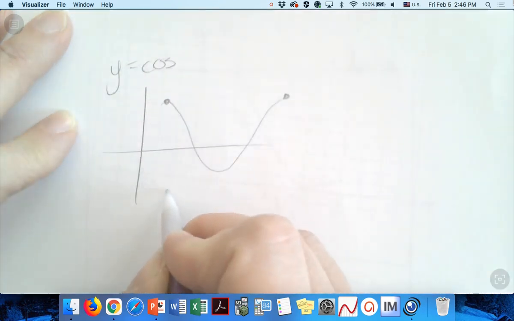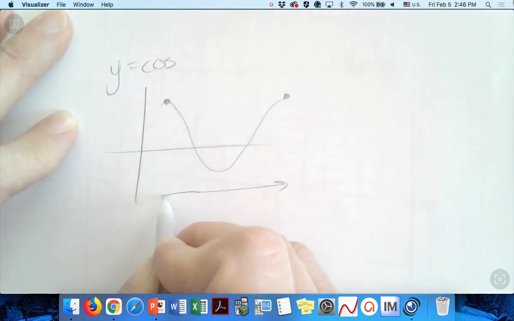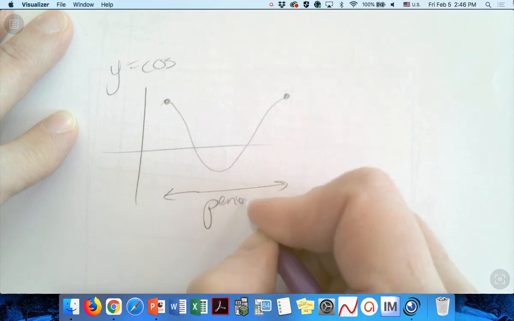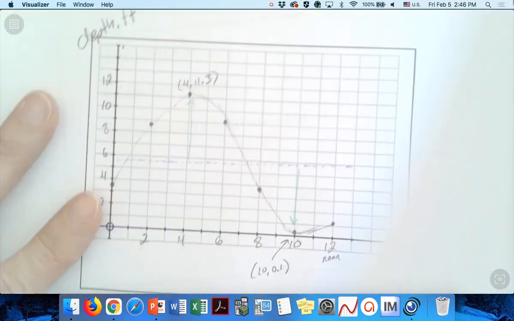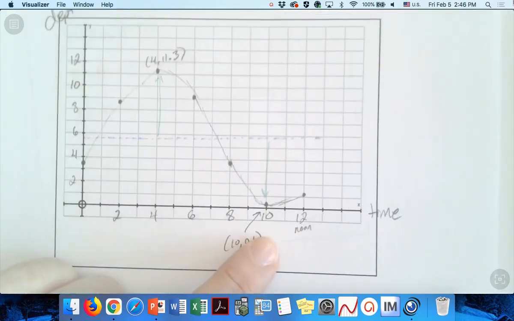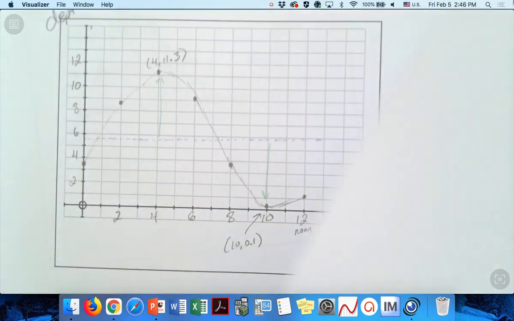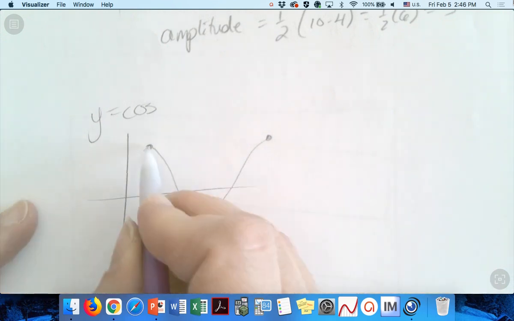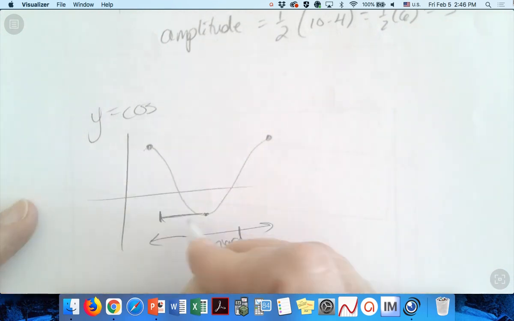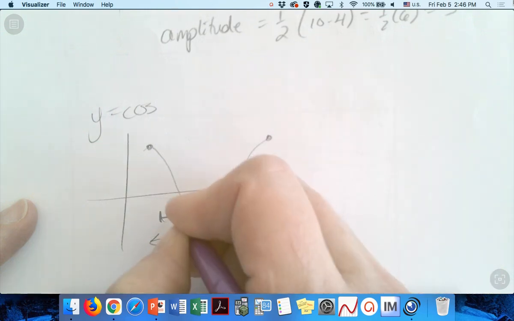You agree that from maximum to maximum is the period. Well, what if you didn't have another maximum? We have a maximum and we have a minimum. What's going to be the distance between a maximum and its next consecutive minimum? Yeah, that is half of your period.